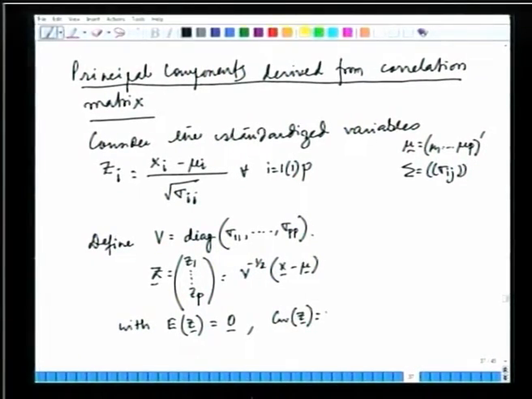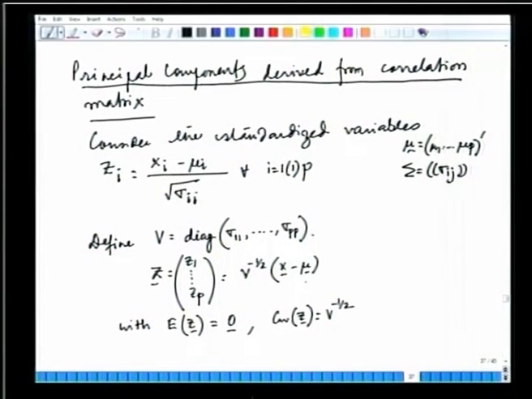Well, this is V to the power minus half, covariance of x minus mu, which is the same as covariance of x, which is sigma, and then this is V to the power minus half again. And what is that?